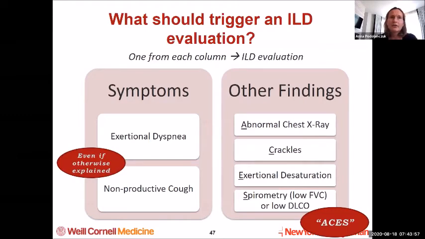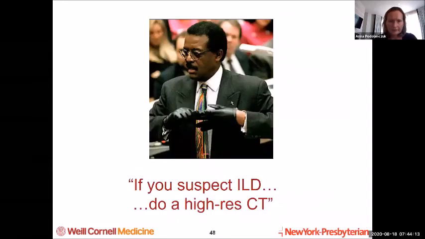And in a setting when you're dealing with chronic progressive diseases and when your treatments might at best slow the progression of this disease, it's so important to try and make the diagnosis early so you can start the treatment as early as possible. So if you suspect ILD, generally the diagnostic modality of choice, the first choice, is doing a high-resolution chest CT.